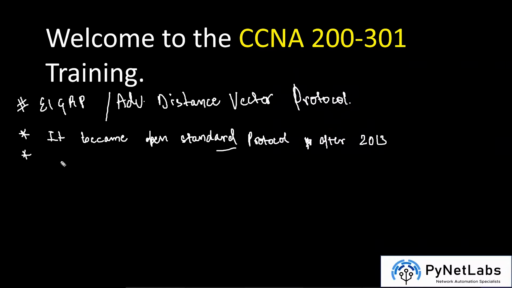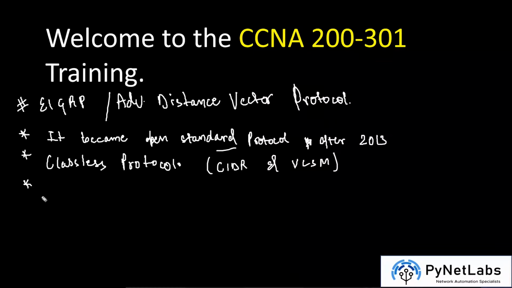Then after this, this is a classless protocol, which means it supports CIDR and VLSM. So the subnetting and the VLSM, which we learned a few days back, it supports both of the network distribution types.